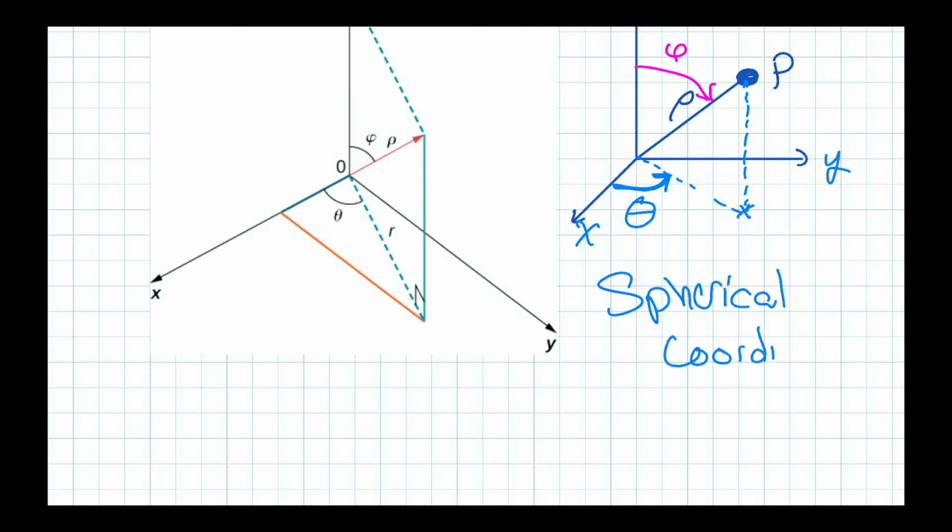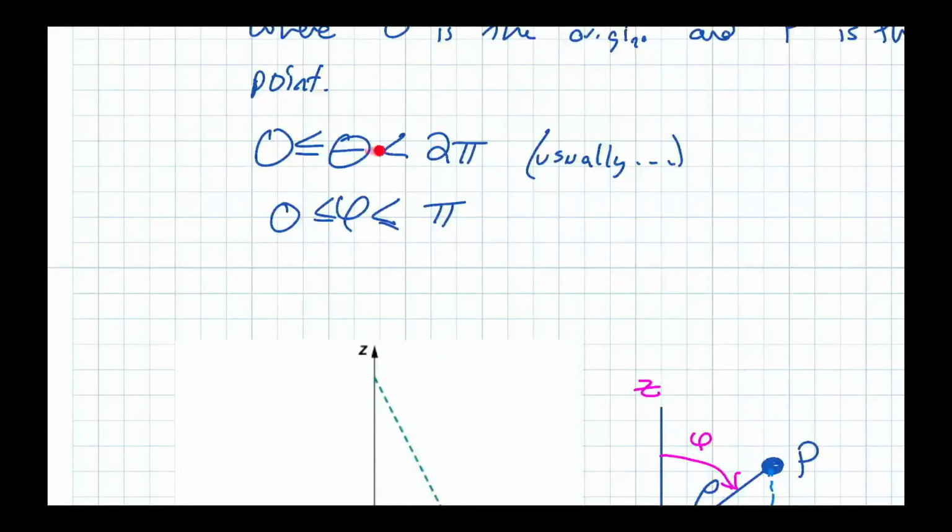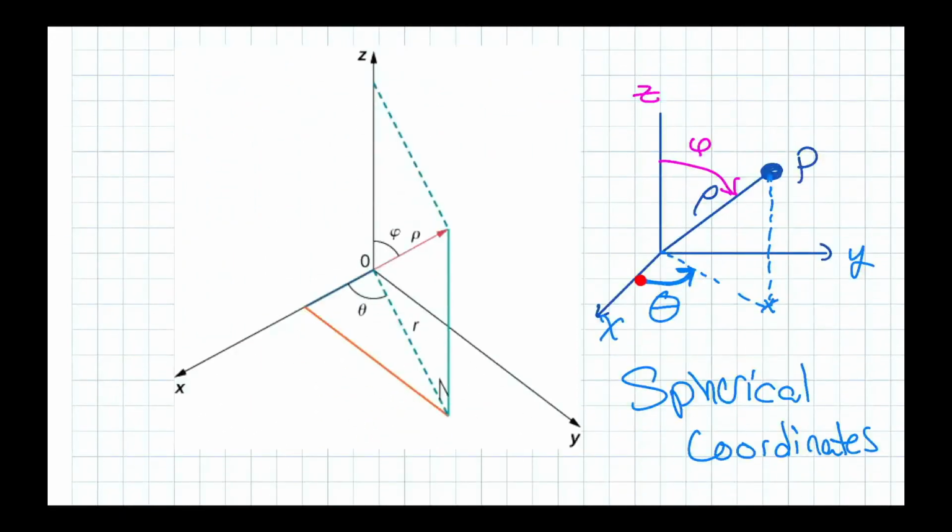And the reason you see that this one's between 0 and 2 pi, that's because theta can be measuring all the way around a circle, right? Here is like 90 degrees, 180, 270, back to 360. So it's all the way around. Whereas phi measures from here.